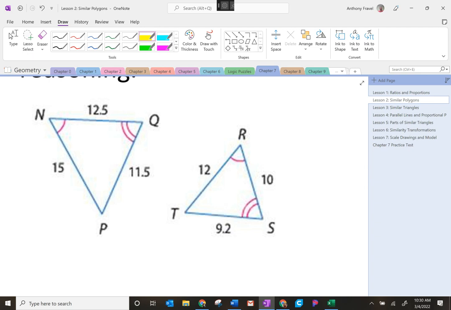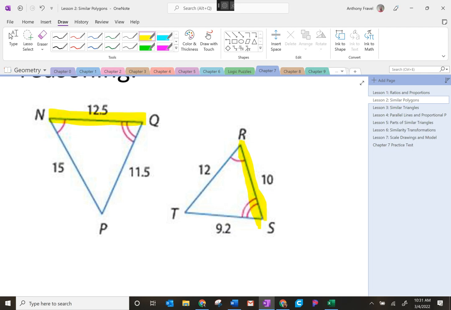The first one I'll do is NQ. This line segment, I know it's going to be the one in between my one arc and my two arcs. Yeah, RS. So I'm looking for that one arc, that second arc. That's why I know that these two are going to be the corresponding sides.